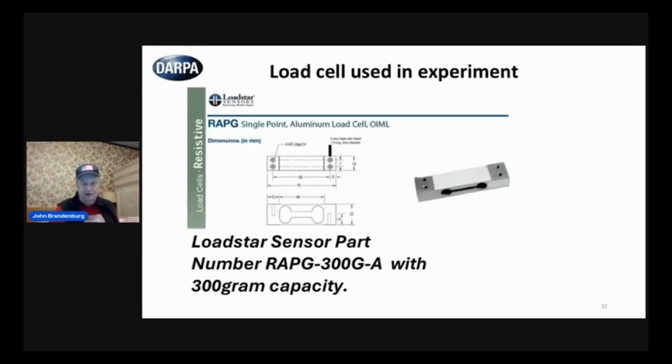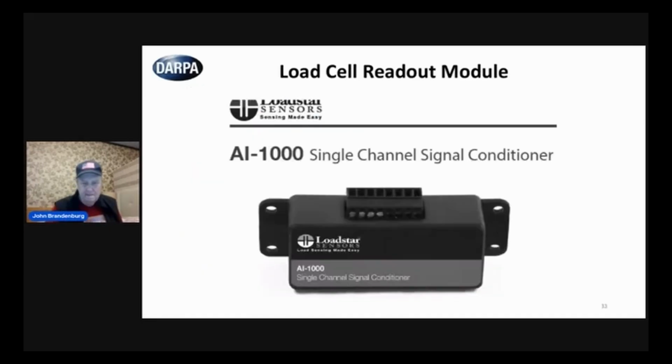Okay, here's the load cell we used in the experiment. Load cell sensor, 300 gram. It was a 300 gram capacity aluminum load cell. And here's the data readout for it. You can buy this with it. I think this thing was about $150 altogether.